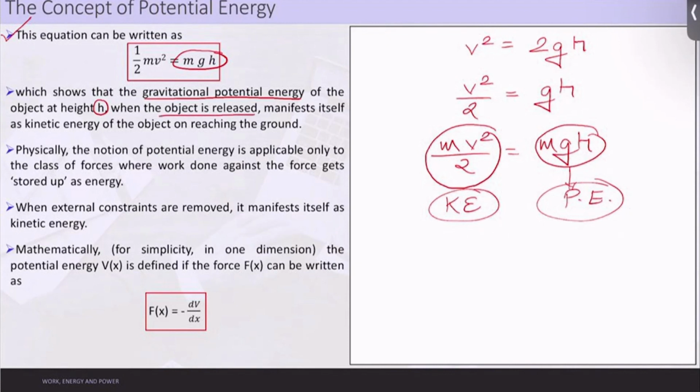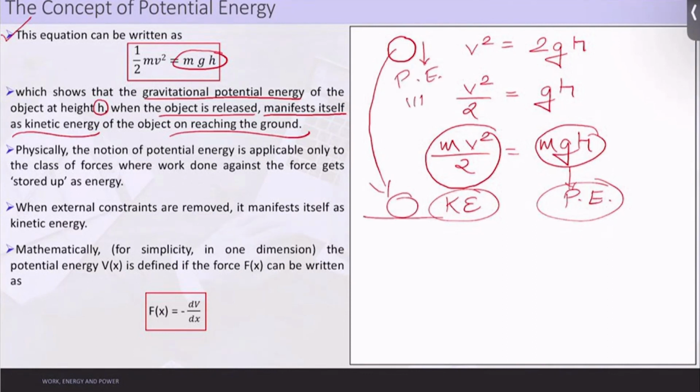So let us say we are doing a free fall of this object from this location. The gravitational potential energy of the object at height h when the object is released manifests itself as kinetic energy, or in easy terms, converts potential energy into kinetic energy of the object on reaching the ground. So when it reaches the ground, it will have some velocity, and hence this potential energy is converted completely into kinetic energy.